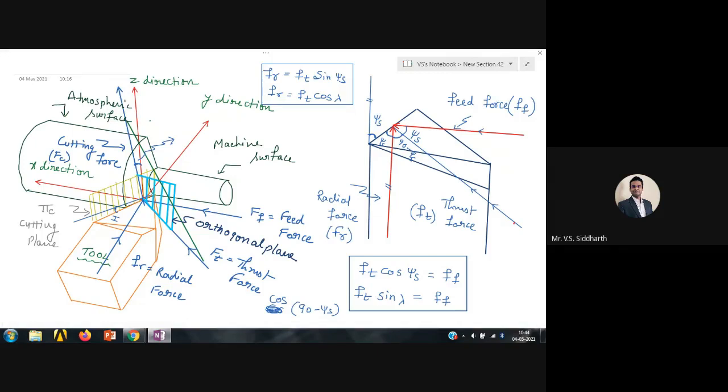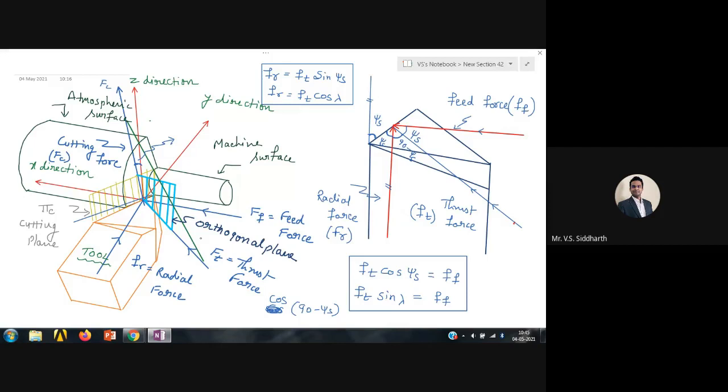So if you make the back rake angle 0 during the force analysis, if you assume that the tool doesn't have any back rake angle, then this FC will coincide with the Z direction, and your forces will lie in a two-dimensional plane, and you can easily use the formulas of engineering mechanics, which is the resultant formula and all the other formulas.